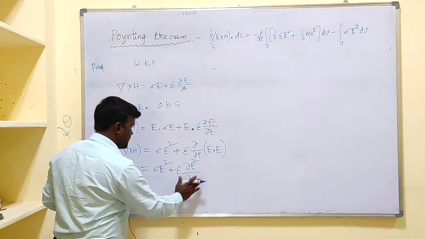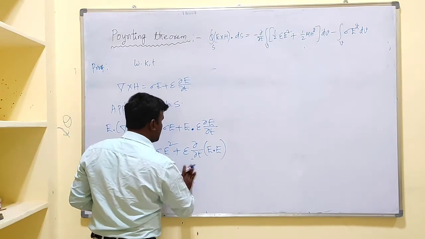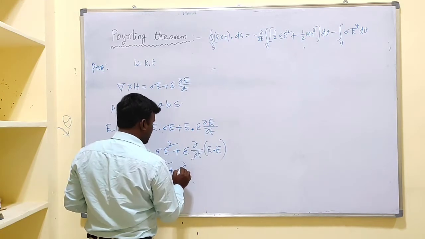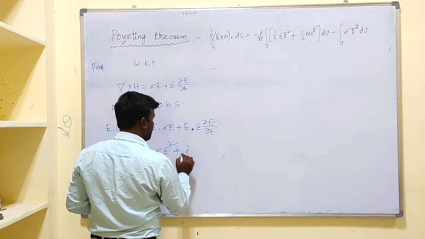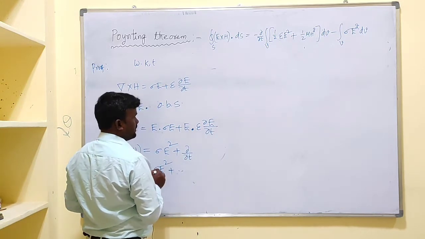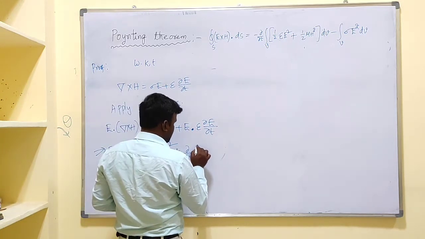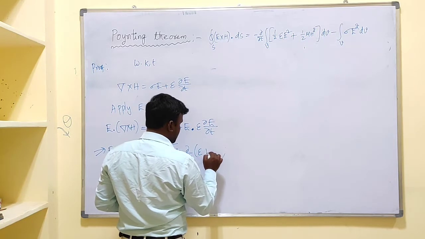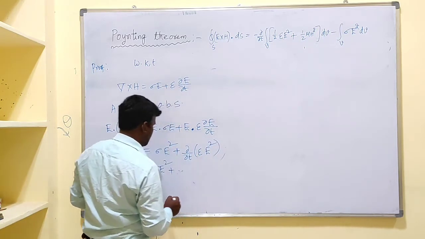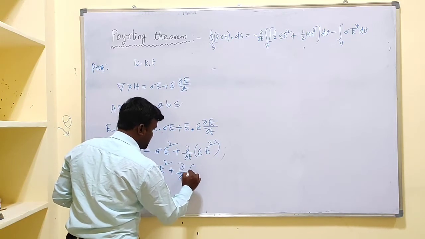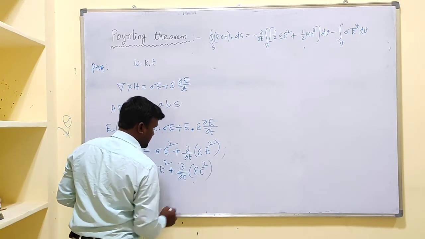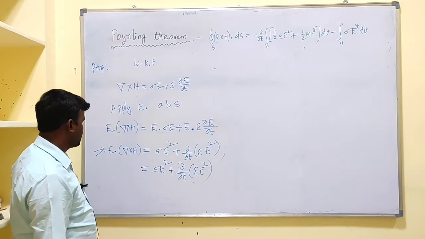Or else we can write dou by dou t here itself, and epsilon E dot E gives epsilon E square. So that is dou by dou t of epsilon E square.